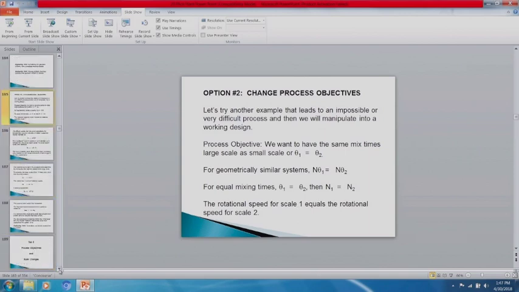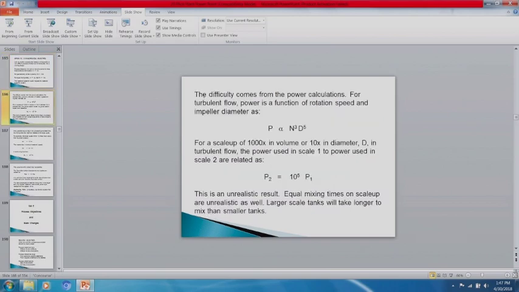Okay. However, the unfortunate situation arises if I take a look at the power calculations, that's where the difficulty arises. For turbulent flow, power is proportional to N cubed D to the fifth. Now if we keep rotational speed constant, we have power varying with diameter to the fifth power, between scale 1 and scale 2, with N equal at both scales.